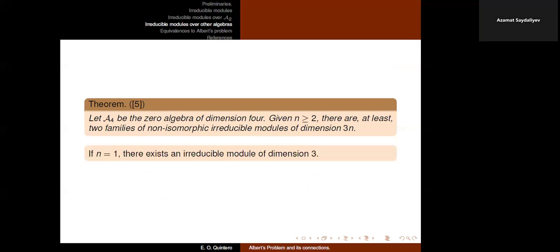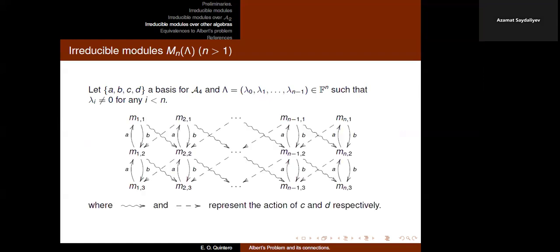And for n equal 1, there exists an irreducible module of dimension 3. It's the irreducible module for the zero algebra of dimension 2. And the picture for this module is similar to the picture for the irreducible module of SL2. But we have here an element that goes to the right, in this case C, with this action.